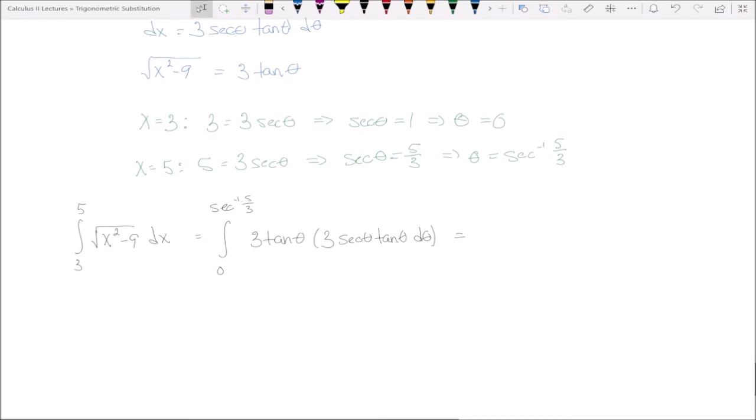Right? This is the integral from 0 to the inverse secant of 5/3 of 9 tangent squared theta times secant theta d theta.